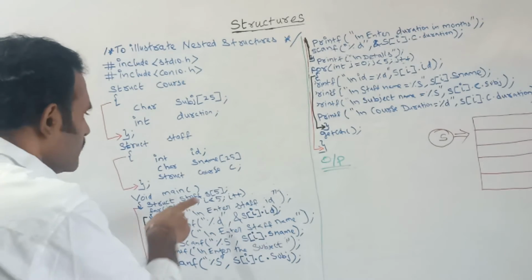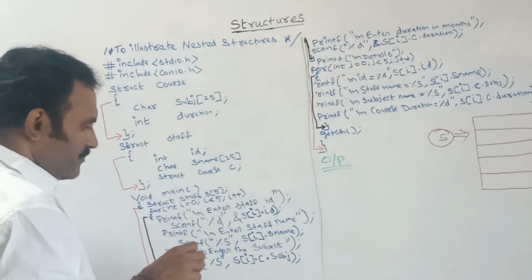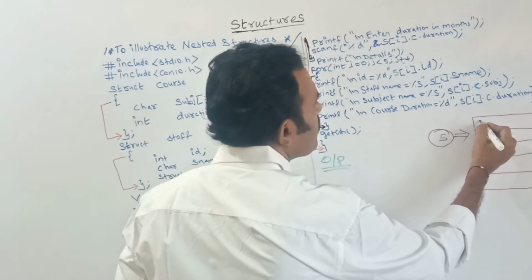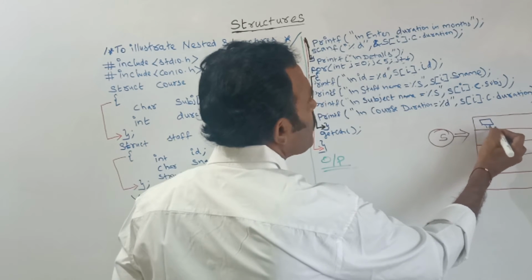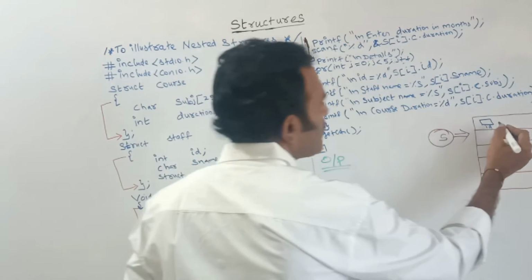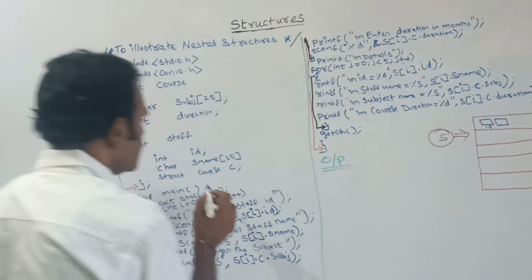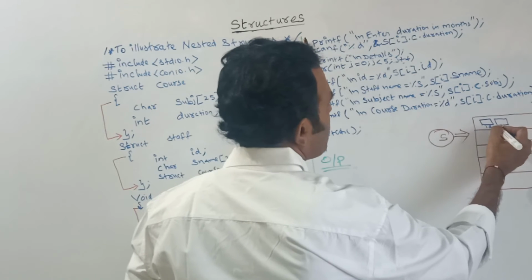Here this S contains one integer, that is ID, integer data type. Next one character, this is S name, character data type.